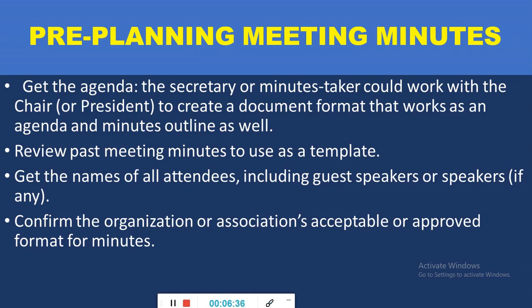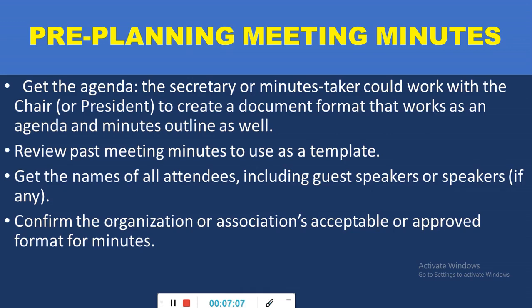Then another aspect of the pre-planning stage is to get the names of all attendees, including guest speakers, if any, depending on the type of meeting. And once you have the names of all the attendees, then it will be easy for you to note those who are present at the meeting and those who are absent.